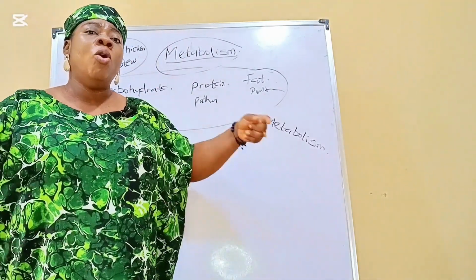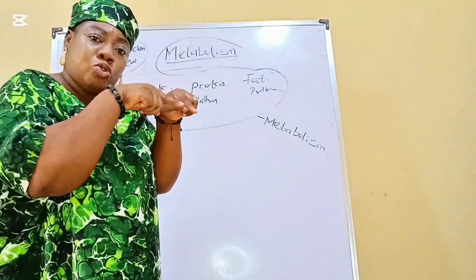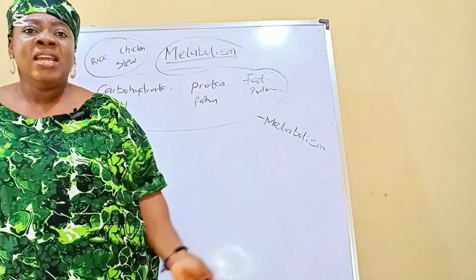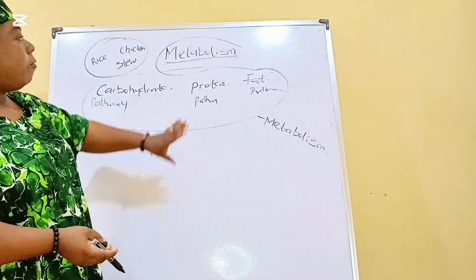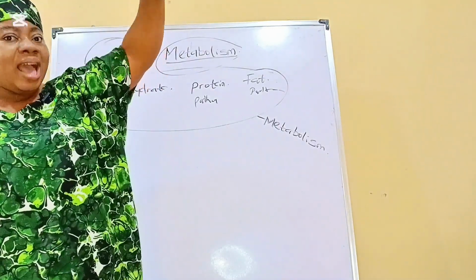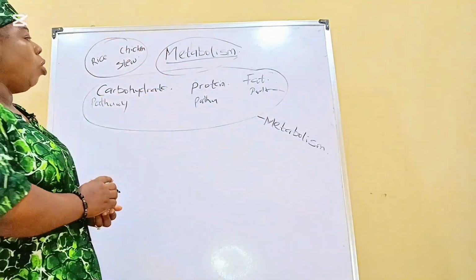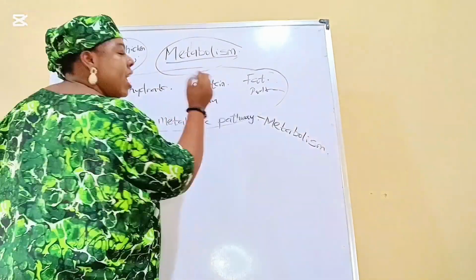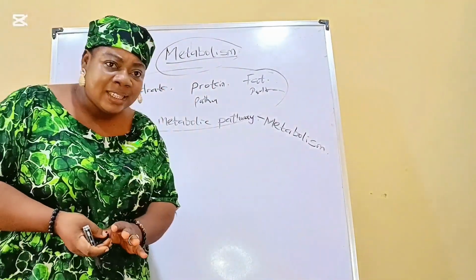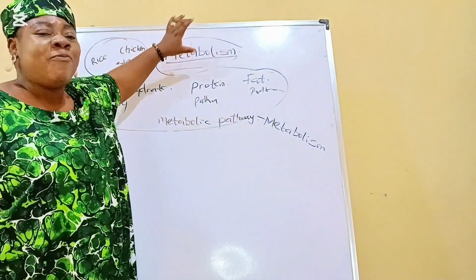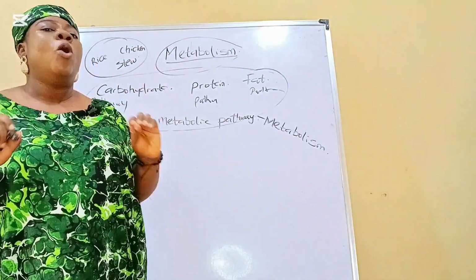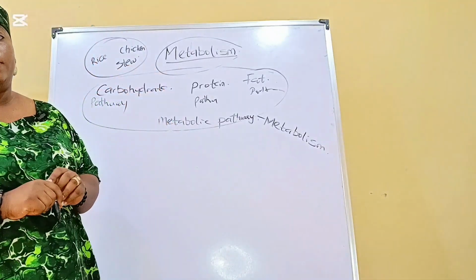And you know, the goal of every department in your school is to enhance the proper functioning of your school as a whole. So the goal of any metabolic pathway is to enhance the proper functioning of the metabolism process of the living organism.